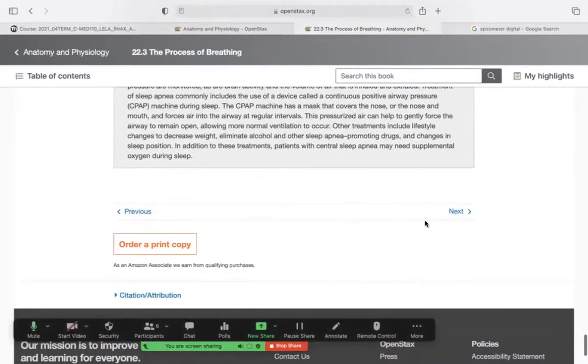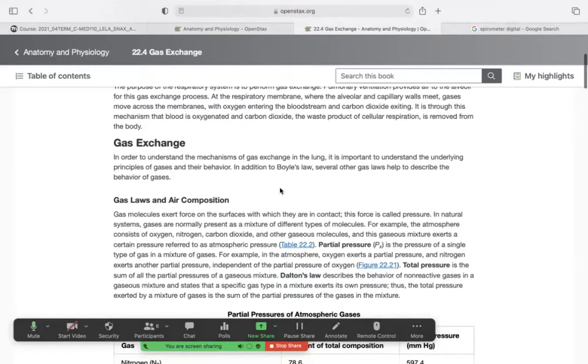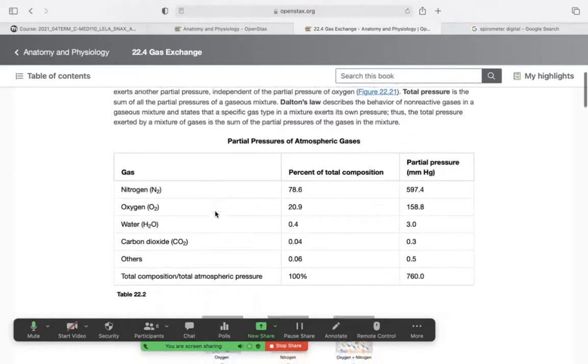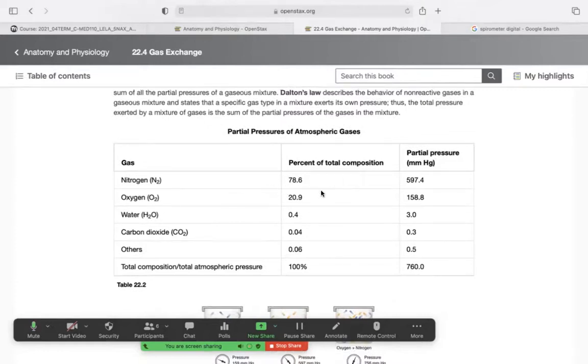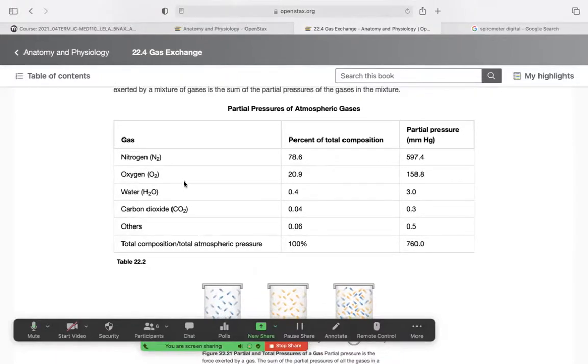Let us see. Next, we've now already talked about gas exchange, and I also mentioned around 21% or so is oxygen. In reality, the thing that your brain monitors is not your O2 level.